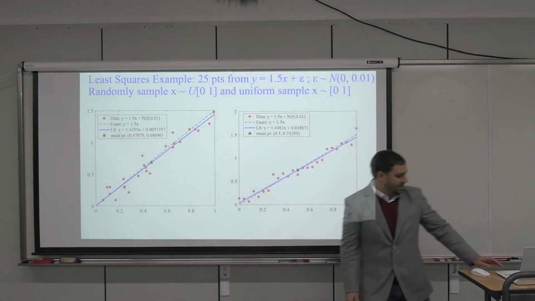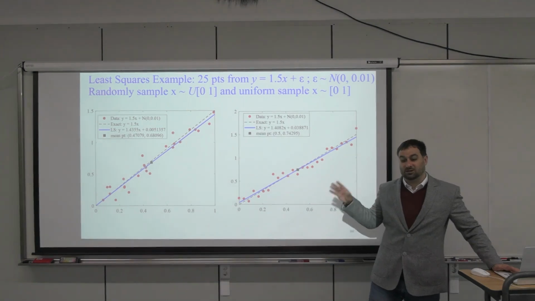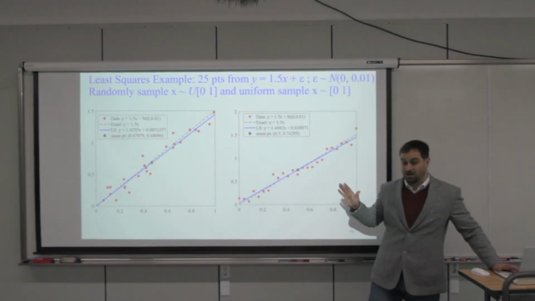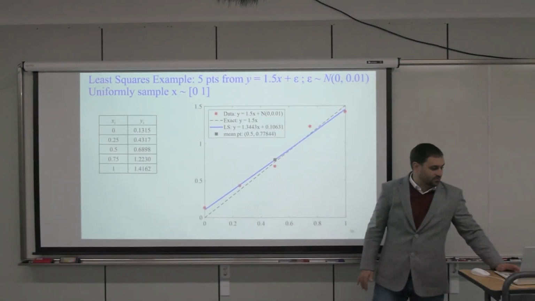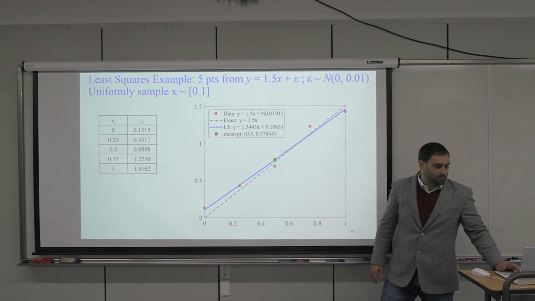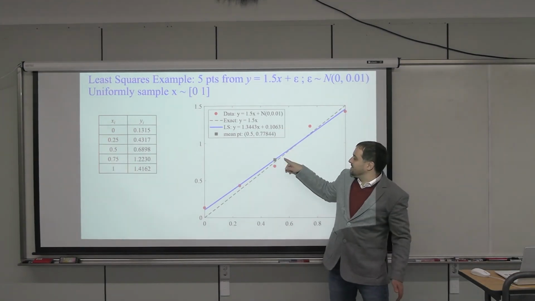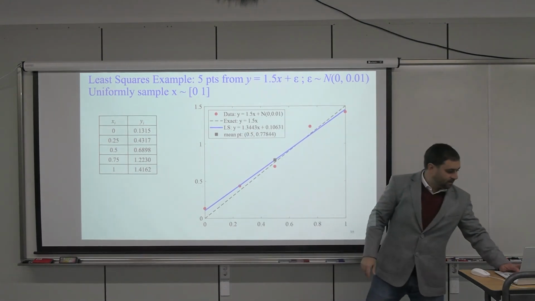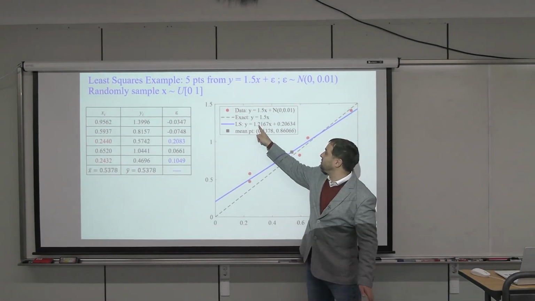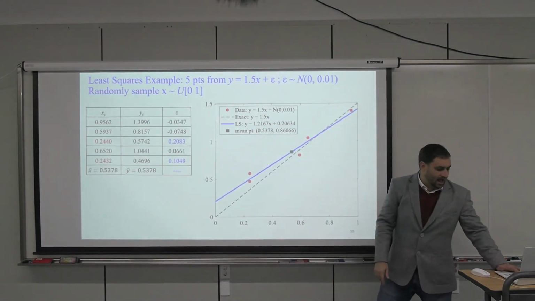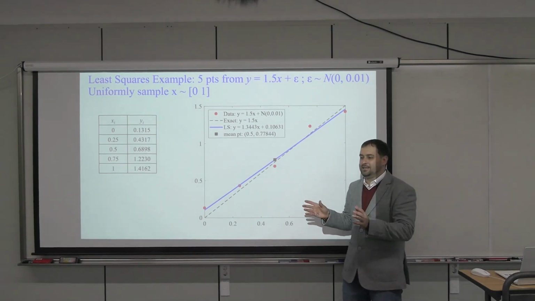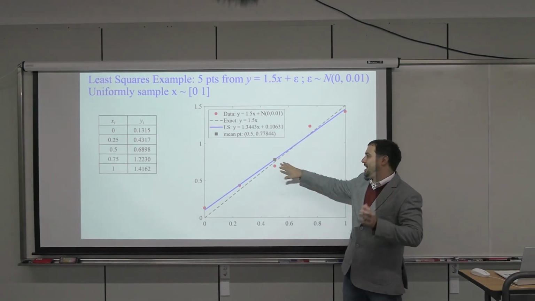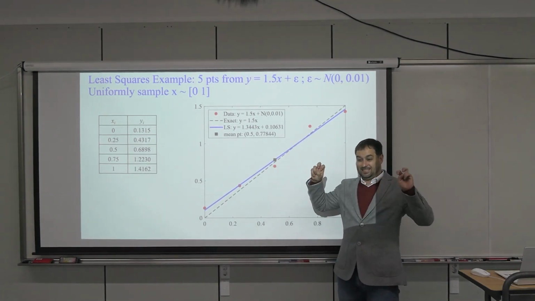All of these data sets are finite and relatively small. Here, we would probably say that the uniform example, 1.34 versus 1.2 compared to 1.5, we can't say that the uniform sampling is better.